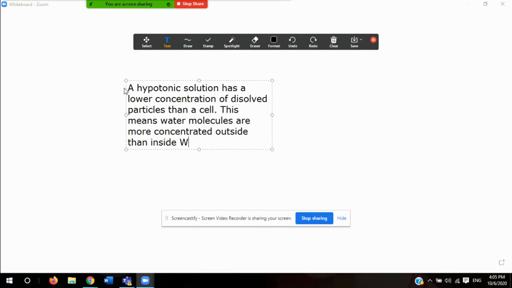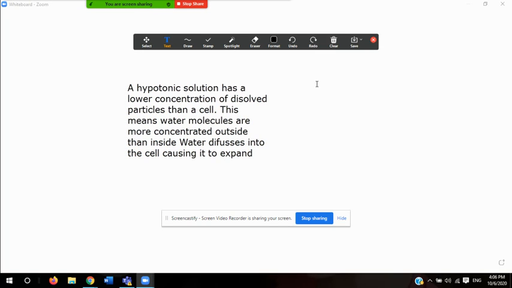That means that there's more water outside than inside, and water diffuses into the cell, causing it to expand.